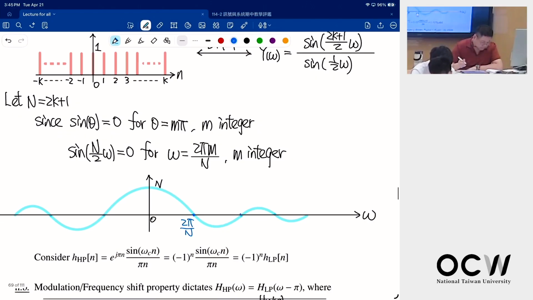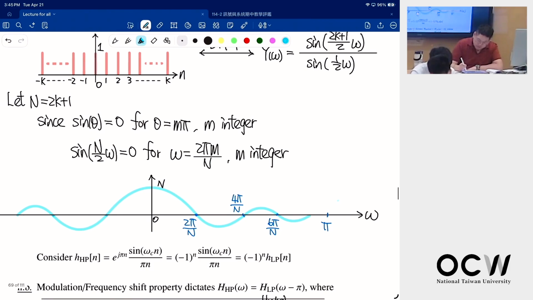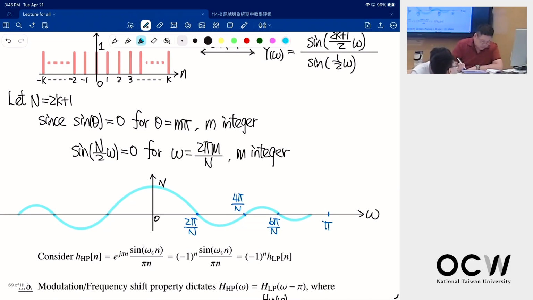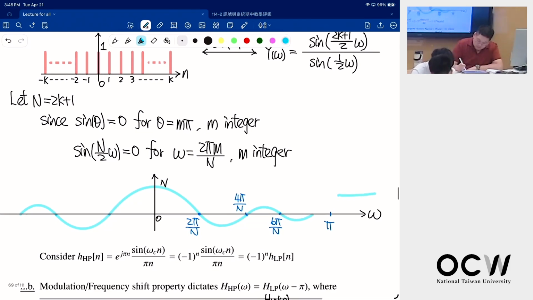This one will be 4 pi over n and 6 pi over n until pi, and then periodic.